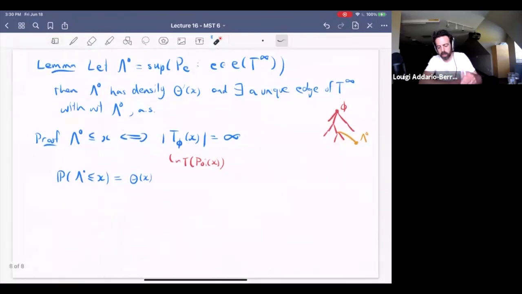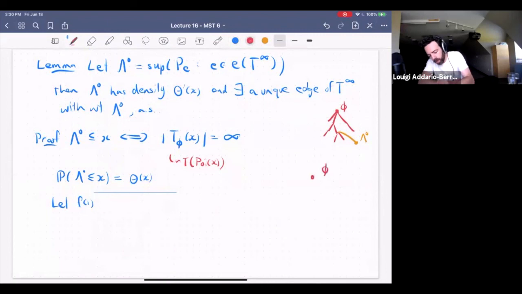Now I'd like to argue that there really is an edge of exactly this weight. Let's do that in steps. I want to start by thinking about what happens if we only do critical percolation starting from the root.